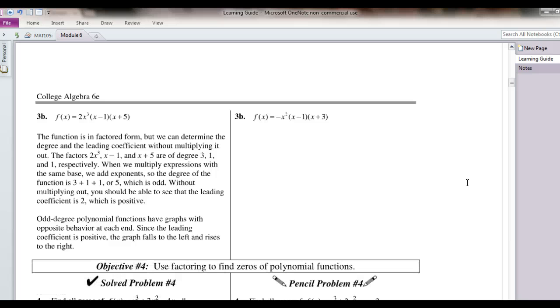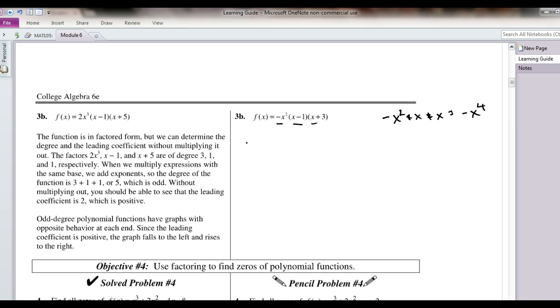On one like this, we have complete factored form. So what would the leading term be? Well, we have 3 factors, and you just pick the biggest x value from each factor and then multiply them together, and that'll be your leading term. So here it would be negative x squared times x, which would give negative x to the fourth.